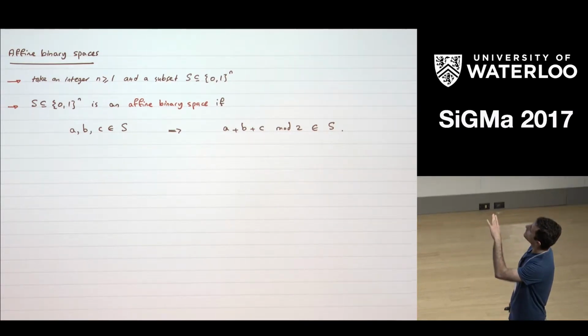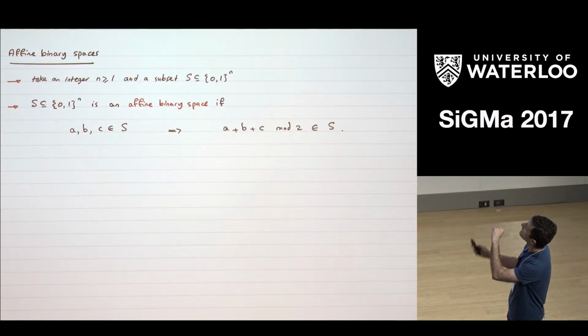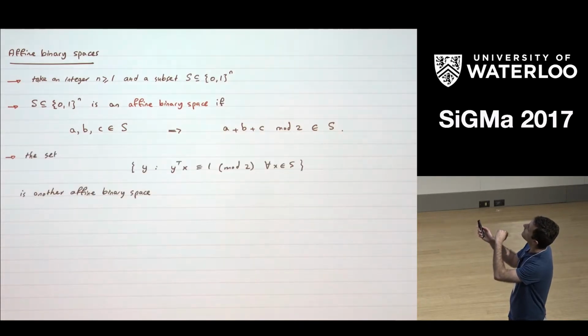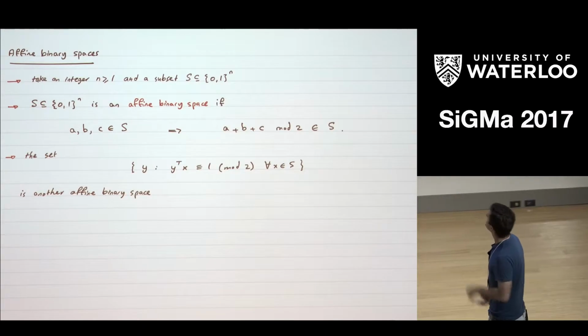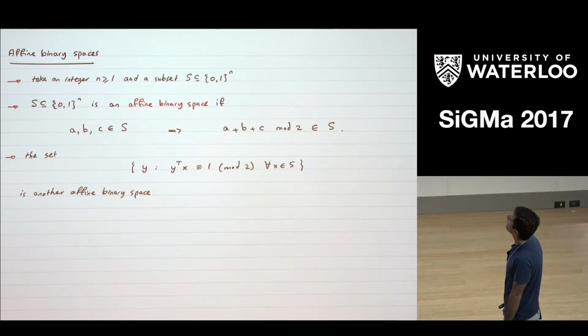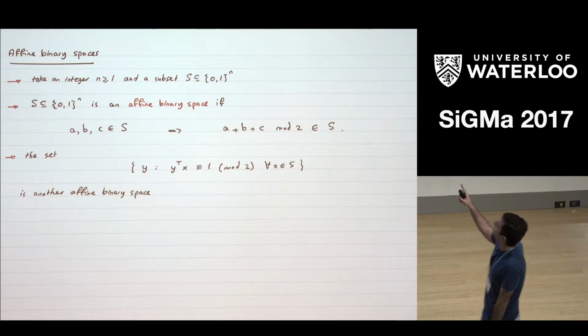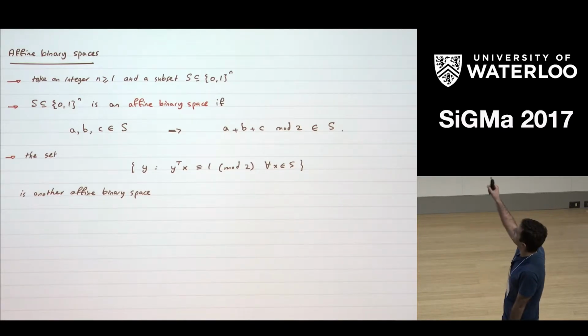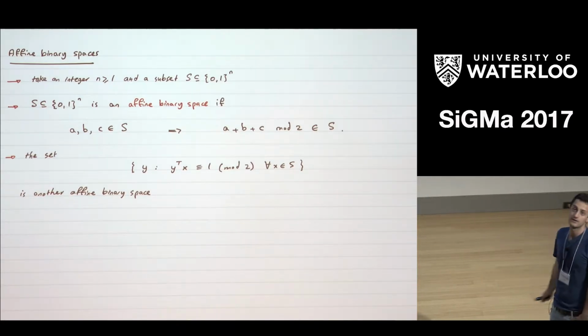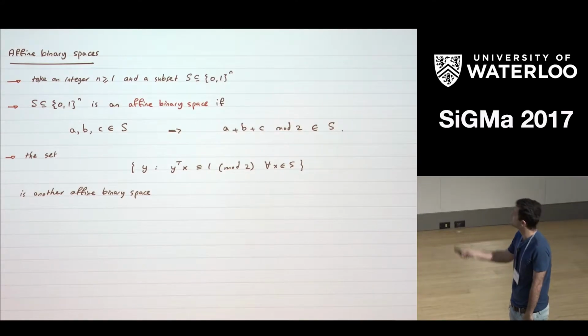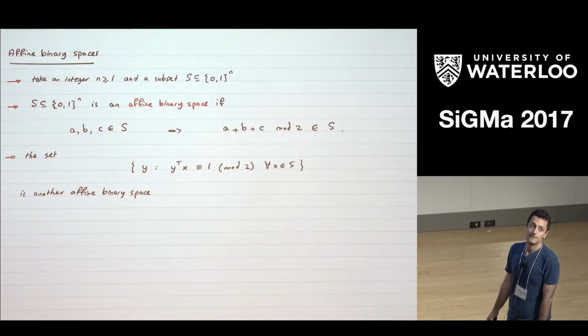Whenever there's some sort of duality going on with affine binary spaces, if you give me an affine binary space S, I can define this new set of points Y so that Y transpose X is 1 modulo 2 for every point X in S. If you look at this set of points, this gives you another affine binary space.